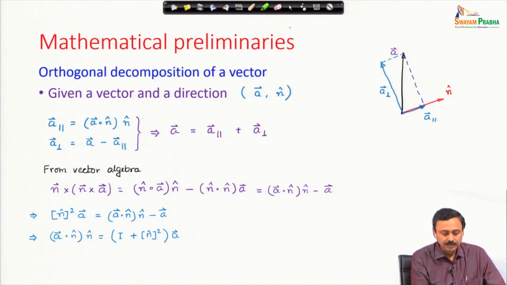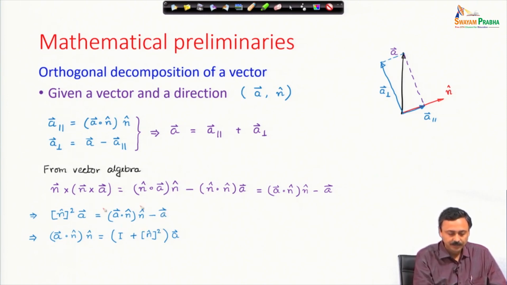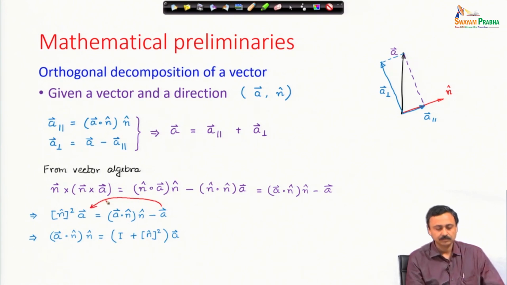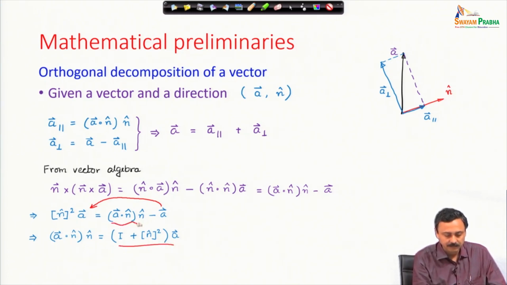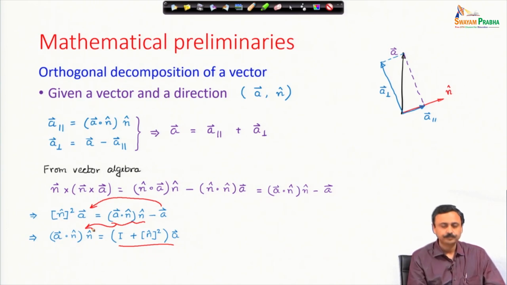Therefore, I can pull out this A from here. I take this to the other side, which I have written on the right hand side, and this I have taken to the left hand side.